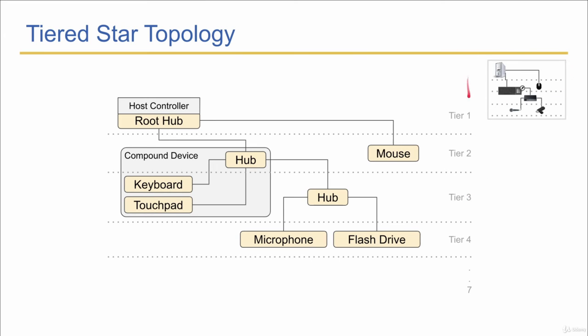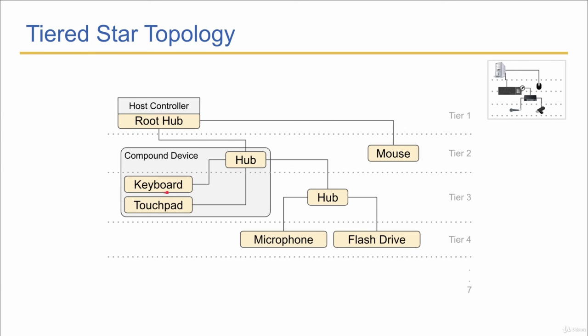So here I kept the original figure, and here is the exact same figure but with some more details. So here I am showing the different USB functions of every single device. And here you can see most of the devices have only one USB function, but this keyboard is actually not a keyboard, it's a compound device. And this compound device has in reality 3 functions: the keyboard, the touchpad, and the hub.